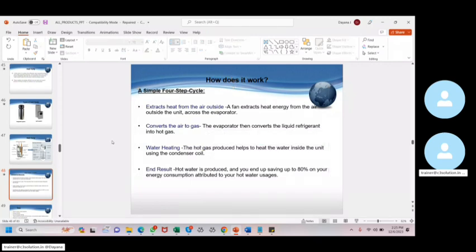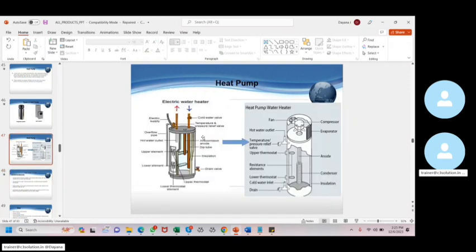So this hot gas produces heat inside. This is the tank, right? This is the storage tank where our water is stored. By using this condenser coil, the hot gas produces the heat for the water. Then the water is getting heated.